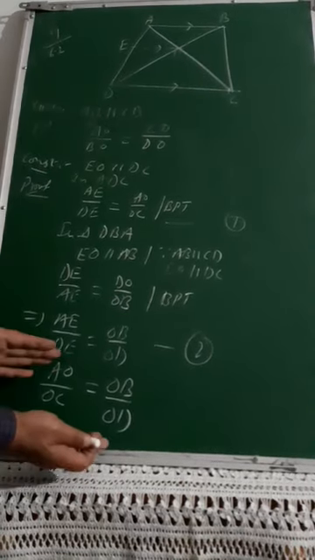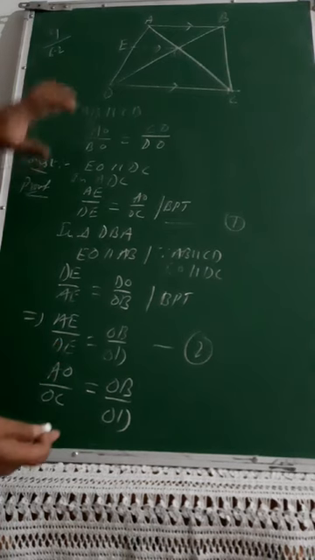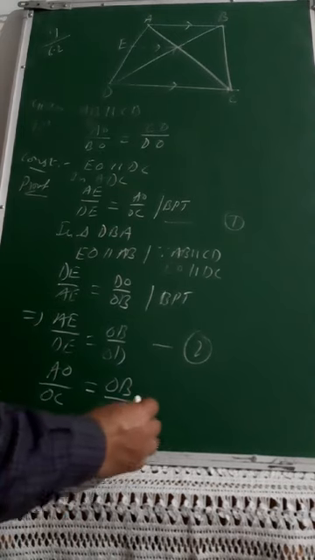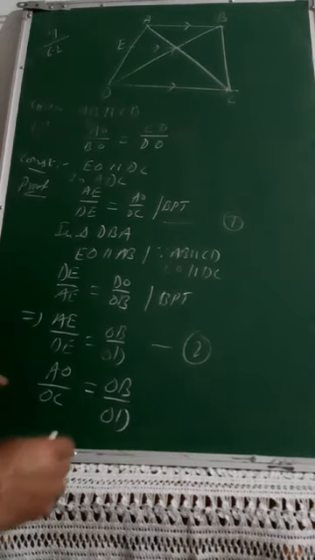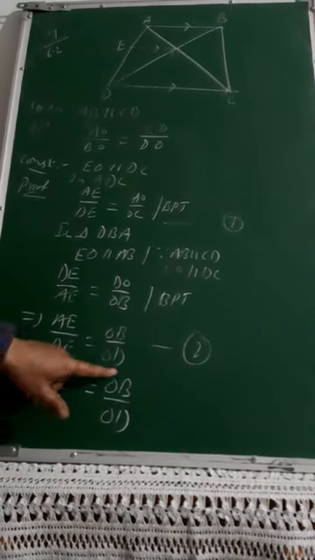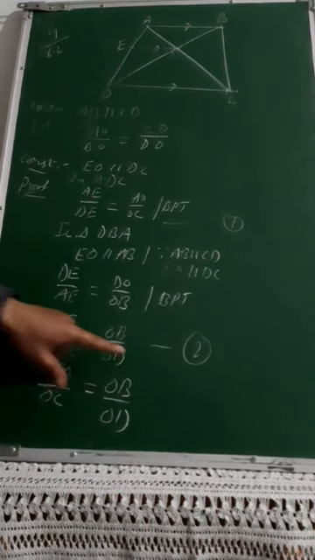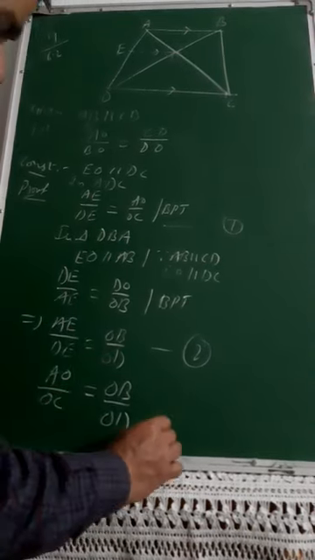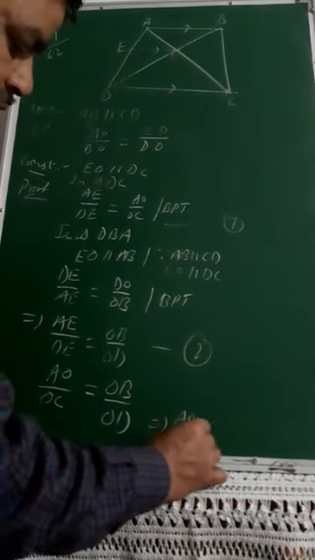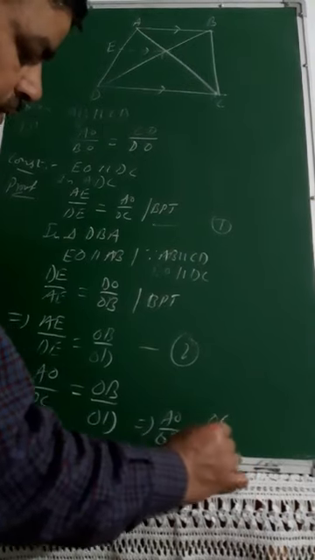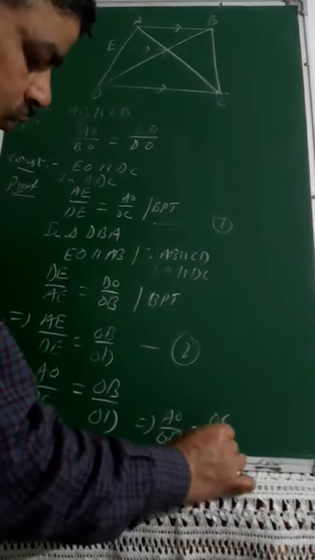So either you go for cross multiplication and then arrange this accordingly, or the property which we can use here is called alternando. If this upon this is equal to this upon this, then this upon this is also equal to this upon this. So I can conclude that AO upon OB is equal to OC upon OD.